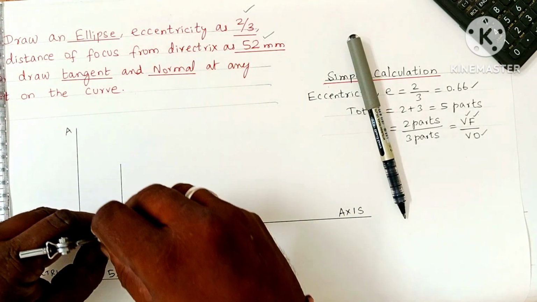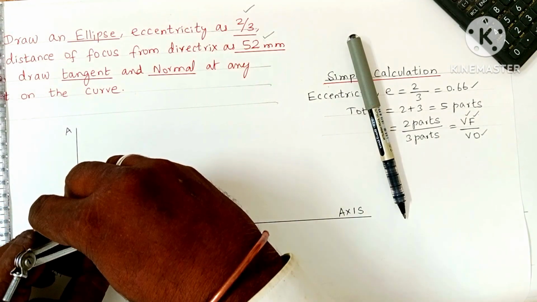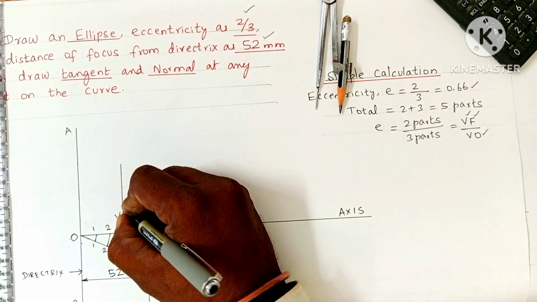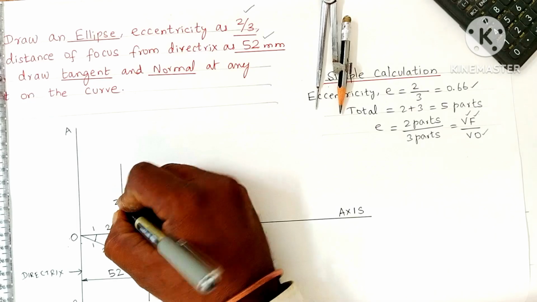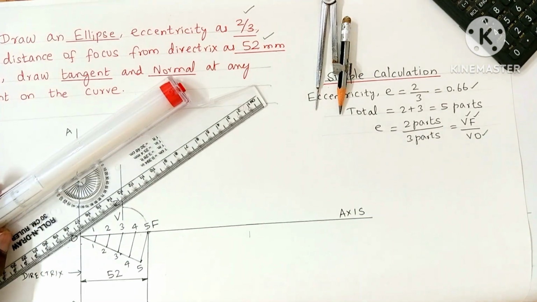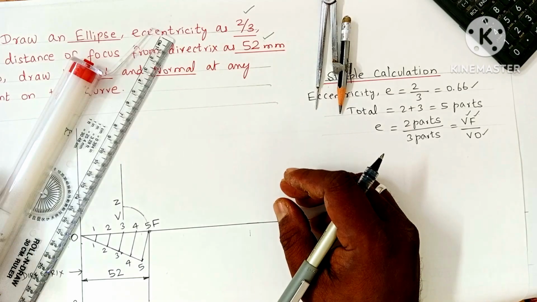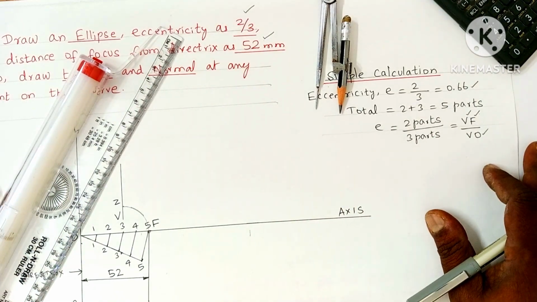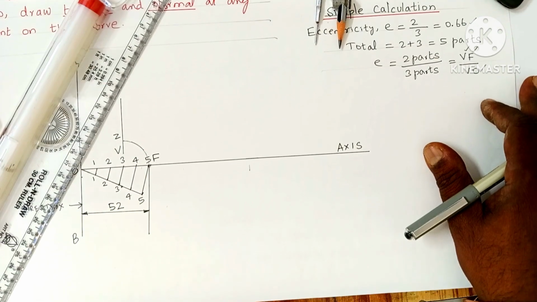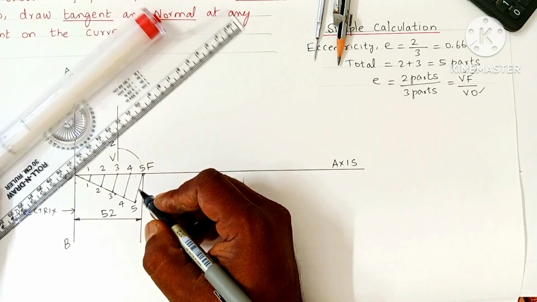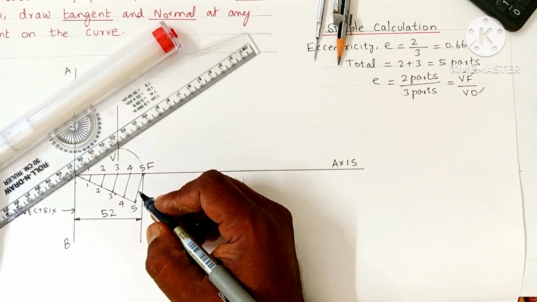Draw an arc upward. Where this arc intersects the vertical line, mark it with any letter, let me provide Z. Join O and Z, and extend the line further.